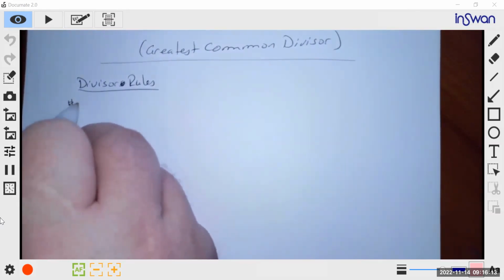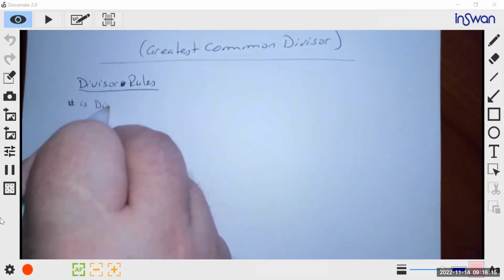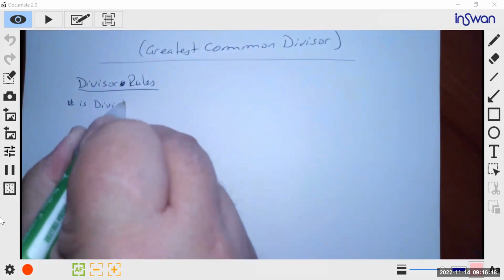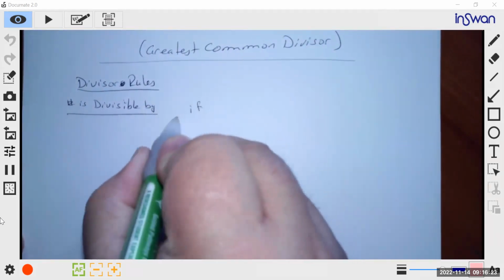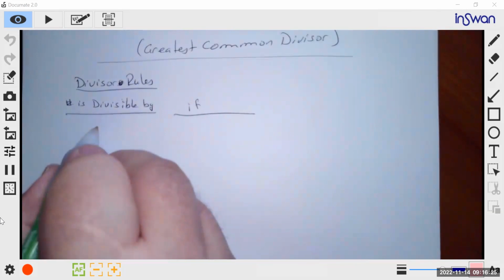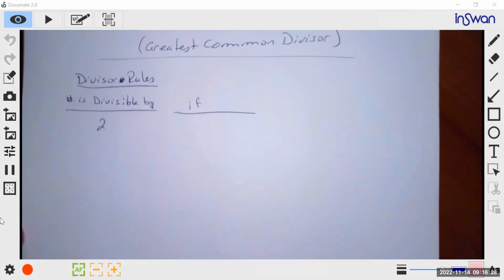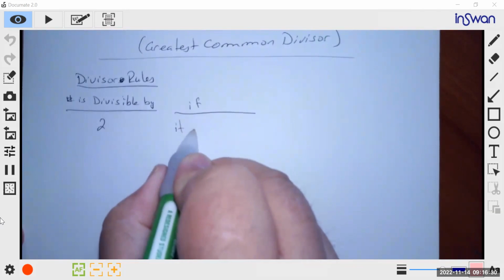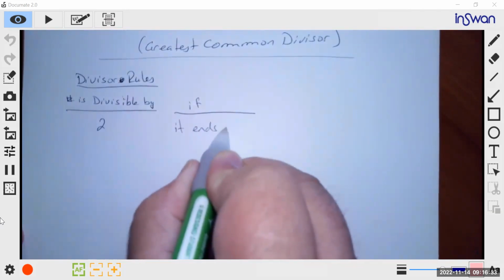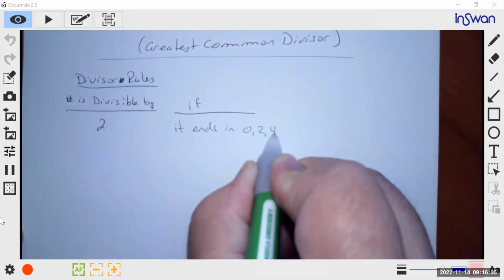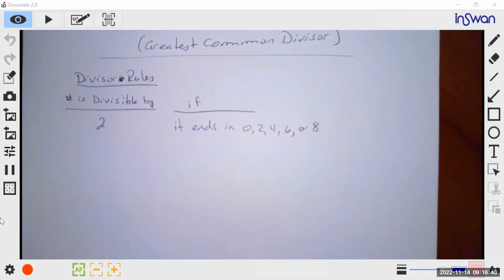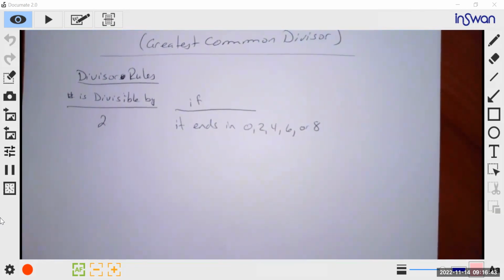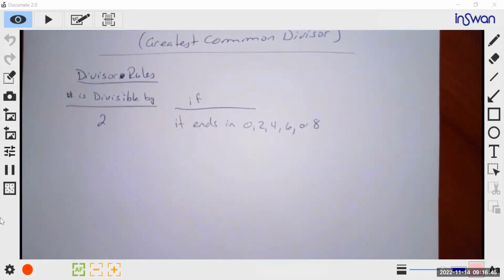A number is divisible by 2 if it ends in 0, 2, 4, 6, or 8. So if the last digit of a number is 0, 2, 4, 6, or 8, then we know the whole number is divisible by 2.